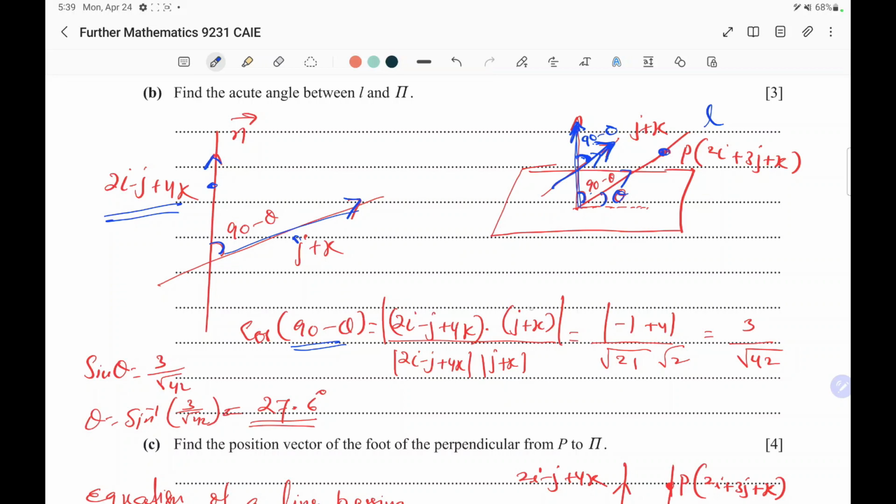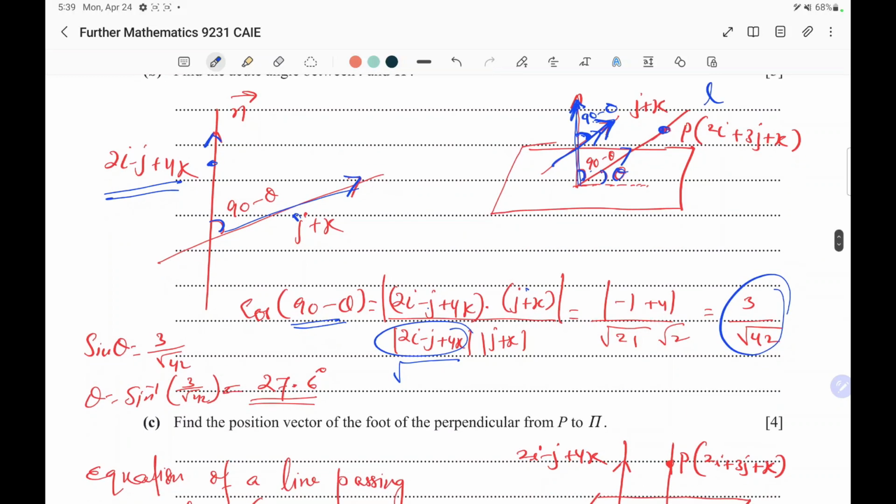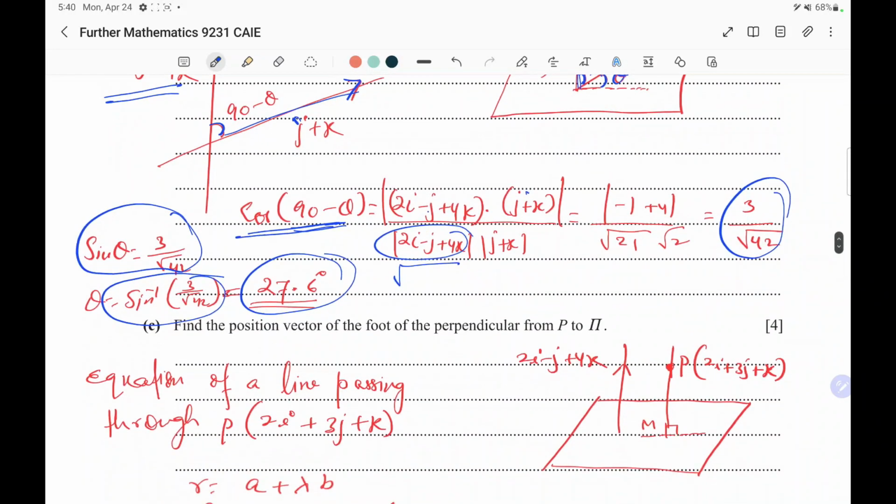There is no i here, so that is 0, but minus j dot j is minus 1, and 4k dot k is 4. Applying magnitudes, root of 2 squared plus 1 squared plus 4 squared is root 21, and root of 1 squared plus 1 squared is root 2. Calculating, you will get 3 over root 42. But cos of 90 minus theta is sine theta. So sine theta is 3 over root 42, so theta is sine inverse of 3 over root 42, which is 27.6.